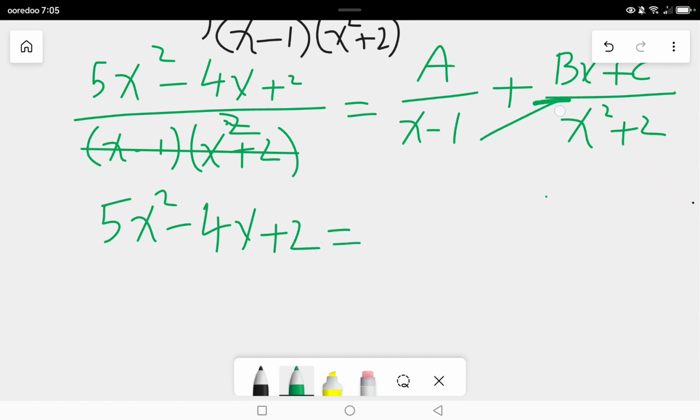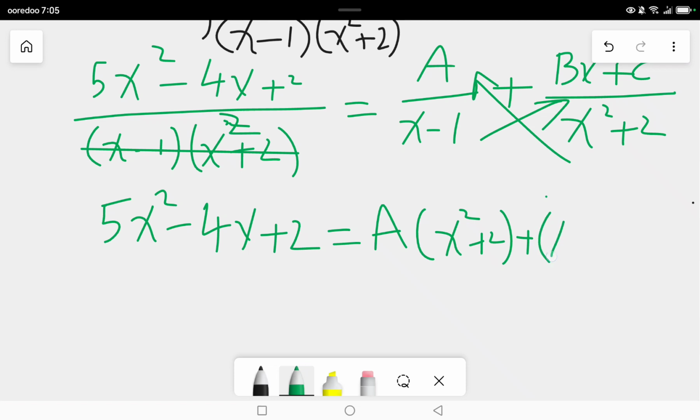This denominator multiplies with this one: a into x square plus 2, plus x minus 1 multiplied with bx plus c. So now this is the equation.